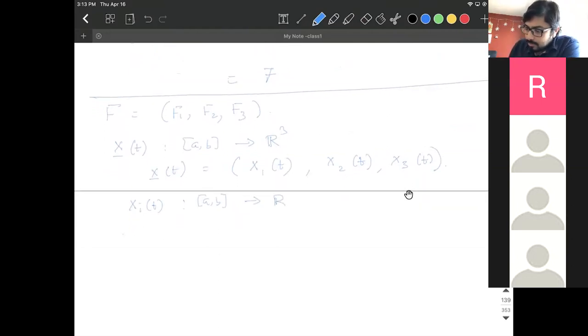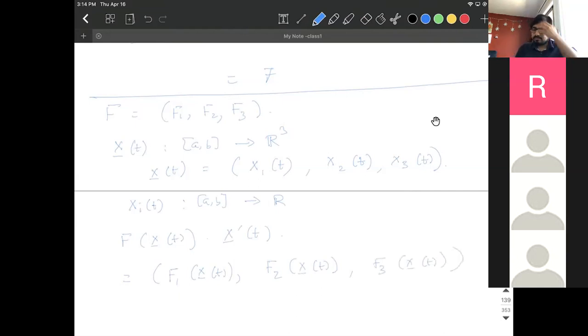Now, you take f(x(t)) dot x'(t). So in terms of this writing, this is (f1(x(t)), f2(x(t)), f3(x(t))). And x'(t) is (x1'(t), x2'(t), x3'(t)).